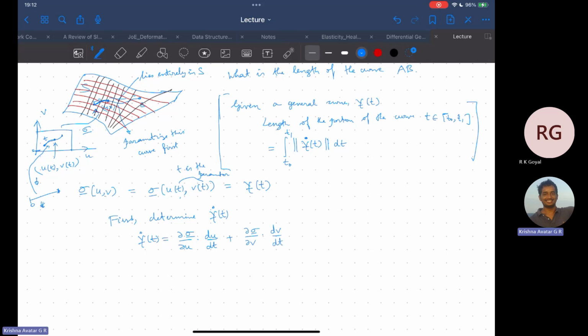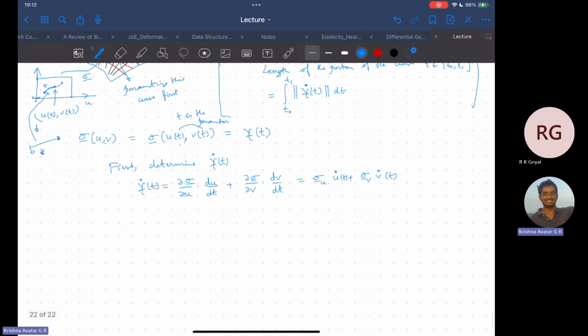Let's make it slightly more compact: call it sigma_u u-dot plus sigma_v v-dot, in a very nice notation, all of which are functions of t. This is a function of t, and this is also a function of t.